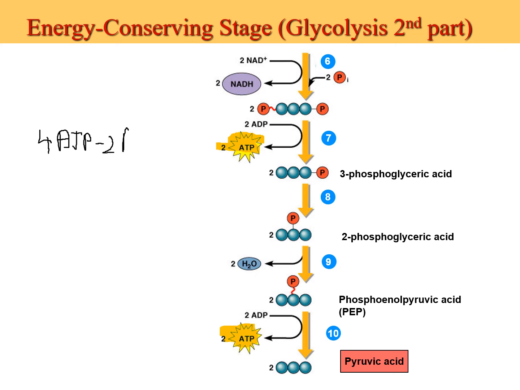So 4 minus 2 is equal to 2. So for every glucose that undergoes oxidation to pyruvic acid, you get 2 ATP molecules. And as you can see at the top there, you also get not only 2 ATPs, but you also get 2 NADHs produced.